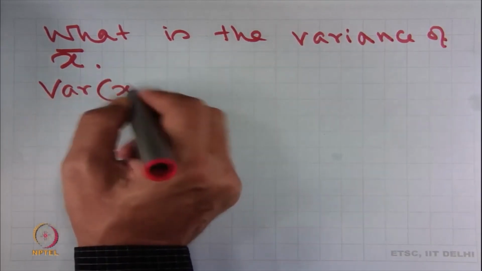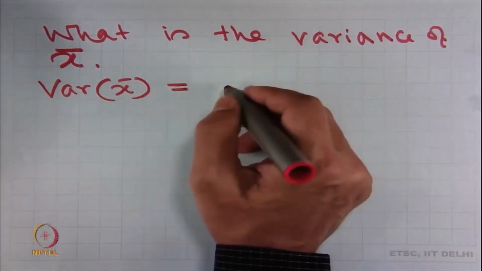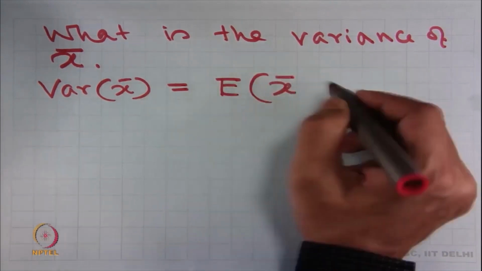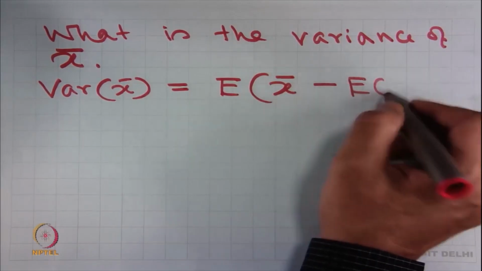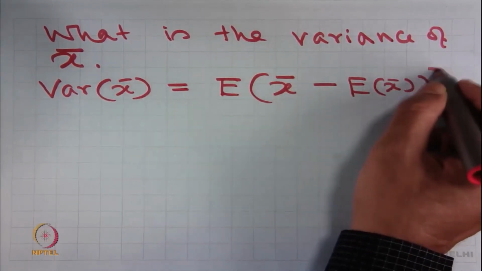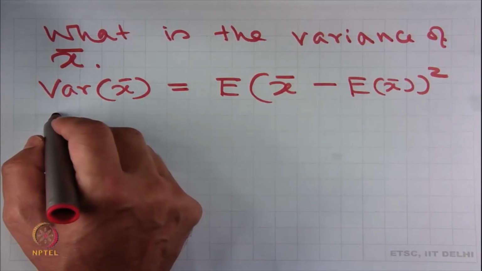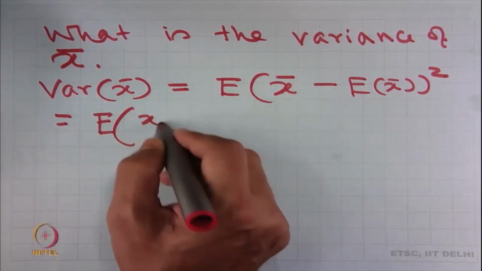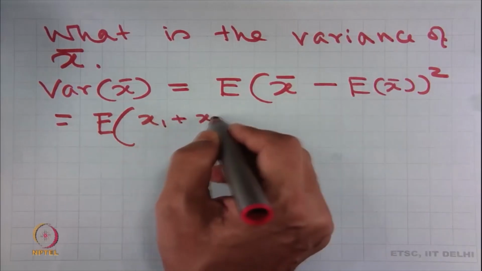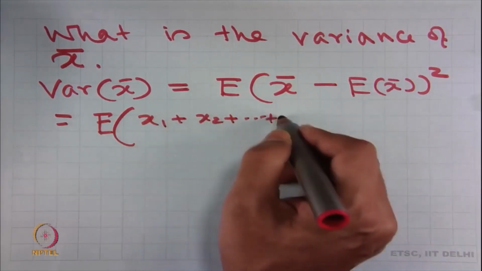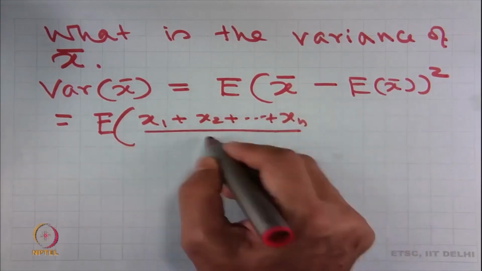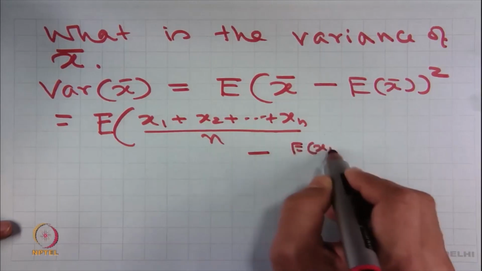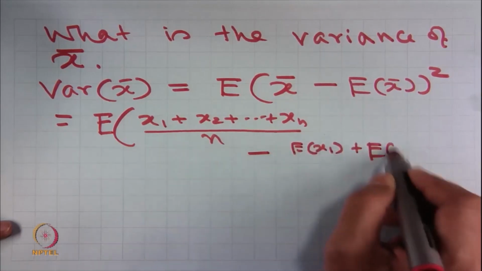Now, variance of x bar is equal to expected value of x bar minus expected value of x bar whole square, is equal to expected value of x1 plus x2 plus xn by n minus expected value of x1 plus expected value of x2.